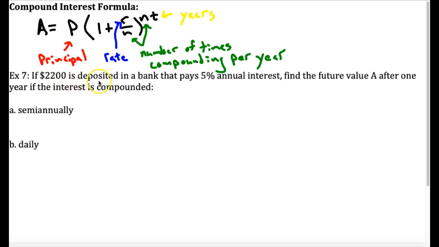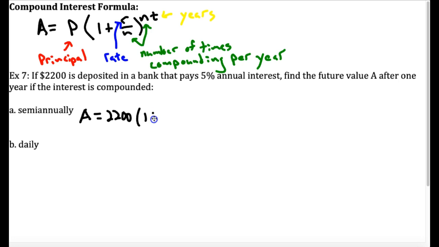So if $2,200 is deposited in a bank that pays 5% annual interest, find the future value after 1 year if the interest is compounded semi-annually and daily. Okay, so from this problem, we have all the information that we need to plug into our formula. So first, let's collect all this information. Our principal amount is what we're starting with, that $2,200.